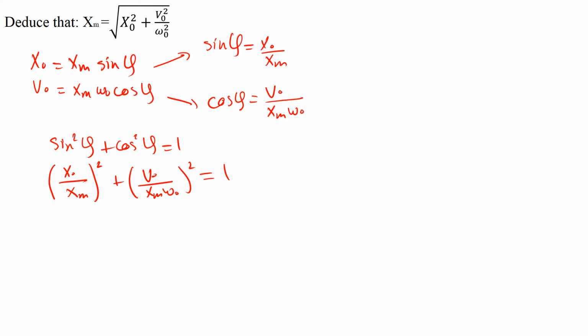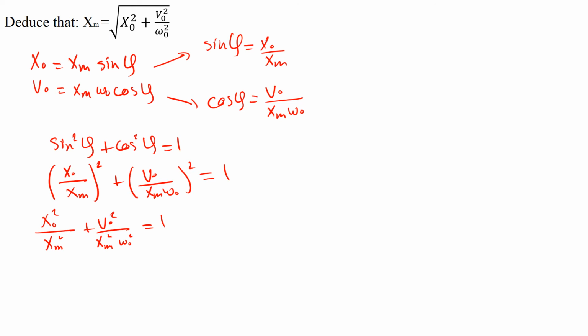So the equation will be x0 squared over xm squared plus v0 squared over xm squared omega 0 squared equals 1.